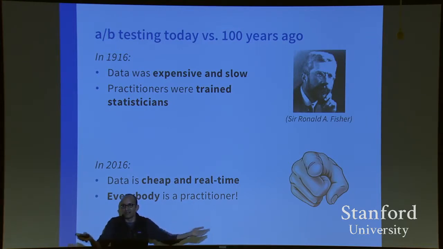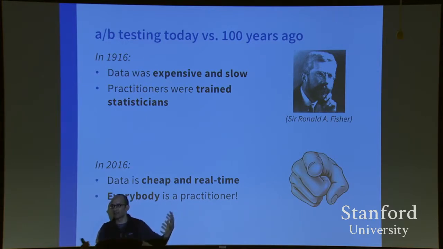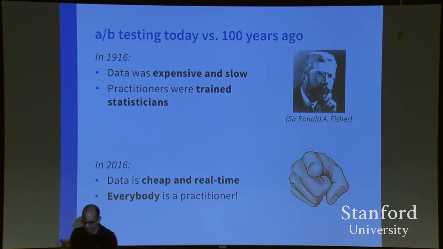It could be you. Many of you are going to get jobs where at some point in the next 5 years, you're going to look at a dashboard that contains the output of an experiment. And that is a huge change from where we were 100 years ago. We're not necessarily expecting that every person looking at the output of an experiment is a trained statistician anymore. And one of the things we want to understand is, what are the consequences of that shift?